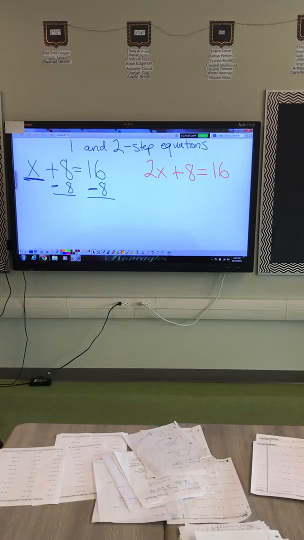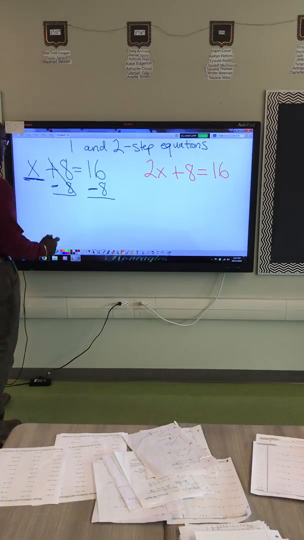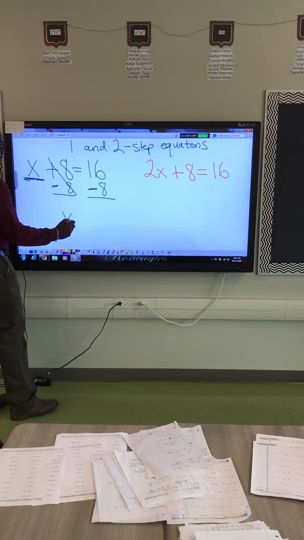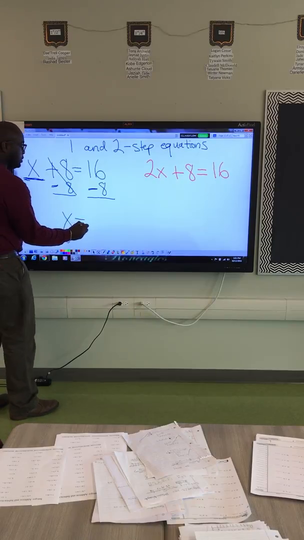What happens here with the plus 8 and minus 8? That's now gone. We draw a line through it. It's gone away. Now we're going to clean up our work a little bit. So we have x left over here on your left, equal sign.